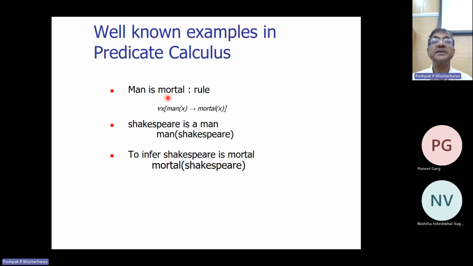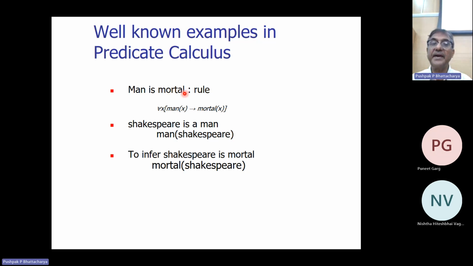Now, a key point is to know whether the piece of knowledge is a fact or a rule. To convert man is mortal to a predicate calculus expression, will you need an implication or not? So if any of you, any group, is taking up this tool to convert natural language sentences to predicate calculus, we'll have to solve this problem.